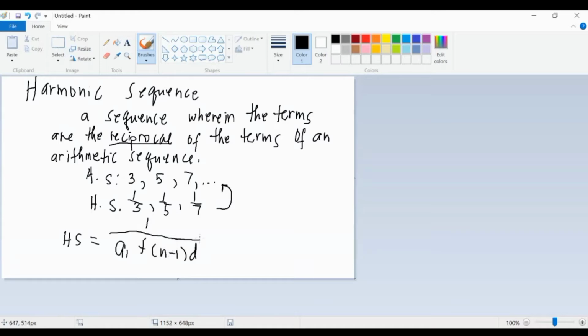So if you will observe, it is just the opposite formula of finding the nth term of the arithmetic sequence. So here in harmonic sequence, there is just a numerator of 1, and in the arithmetic sequence nth term formula or the general term formula, a sub 1 plus the quantity n minus 1 times d, which is the denominator of the harmonic sequence.